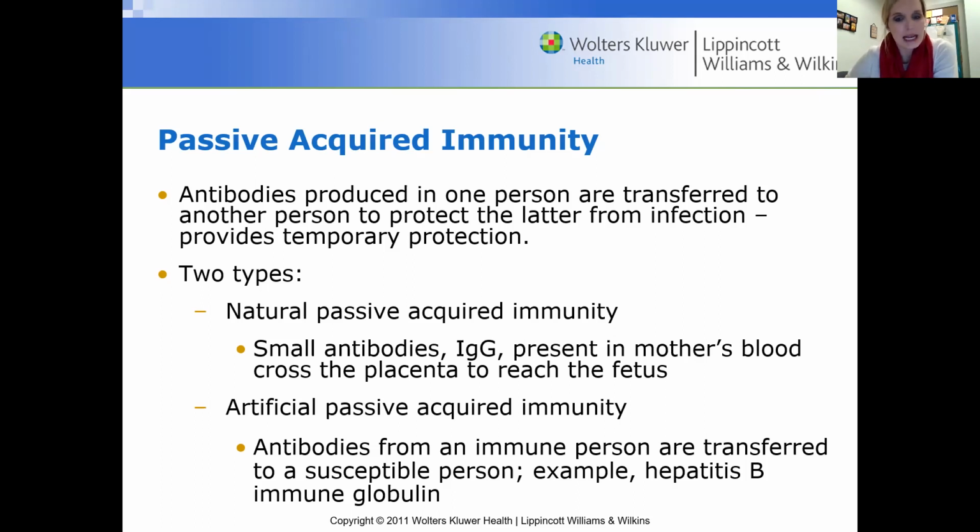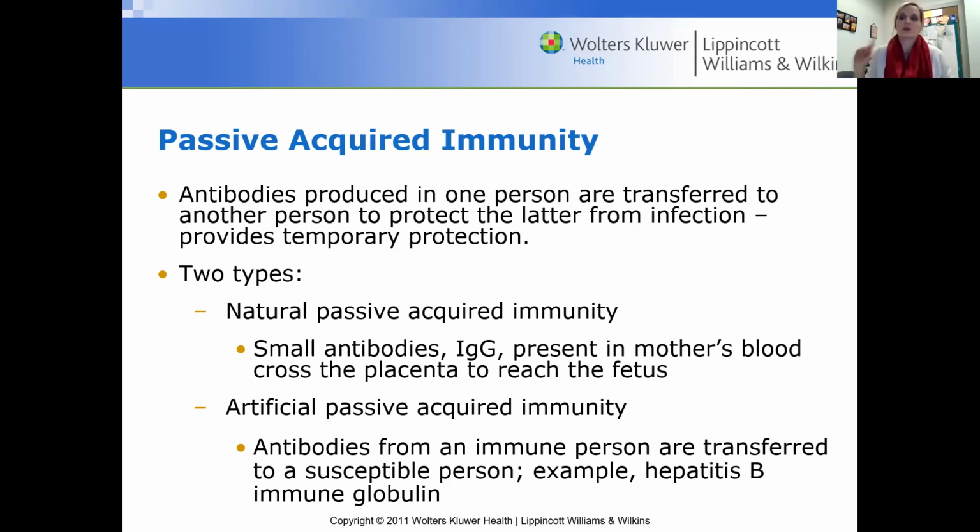And then artificial passive: again, antibodies are being passed on, but artificially. In this case, antibodies are created in a laboratory from an immune person or animal, and are then transmitted to a susceptible person that cannot create their own antibodies. So somebody who is immune to something, a serum is created from their blood that can then be passed on to other individuals.